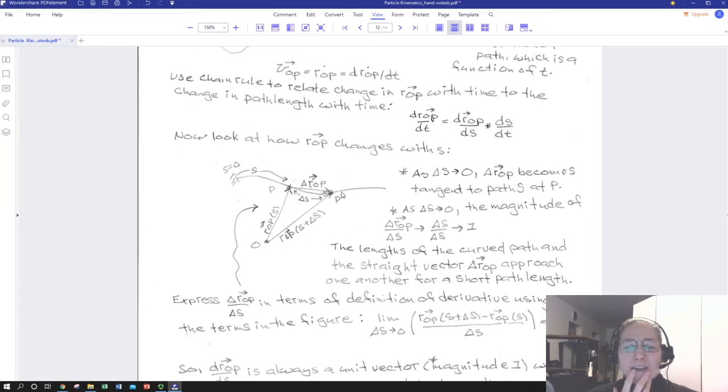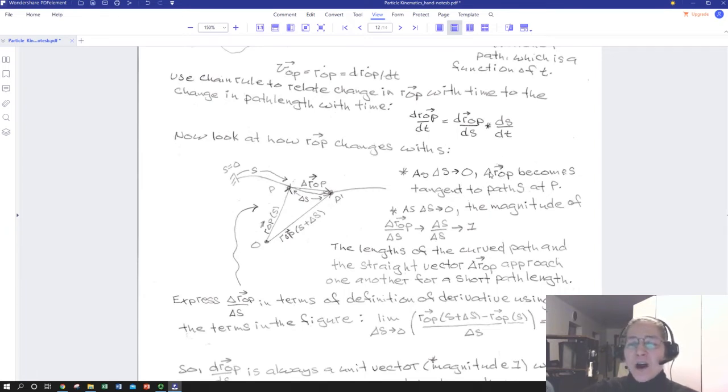So you can imagine these two things shrinking closer and closer together. First, the difference between the straight line and the curve really becomes insignificant, but we eventually end up with a single point where this delta ROP will literally be the tangent. It will be the slope of the curve at that point. It will be the tangent to the path.